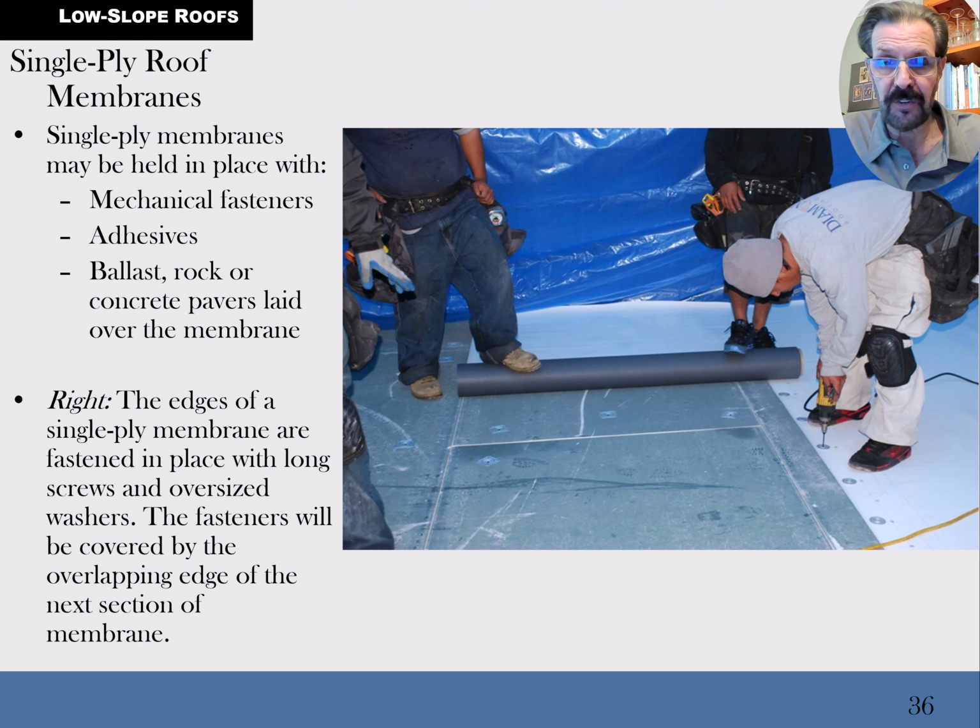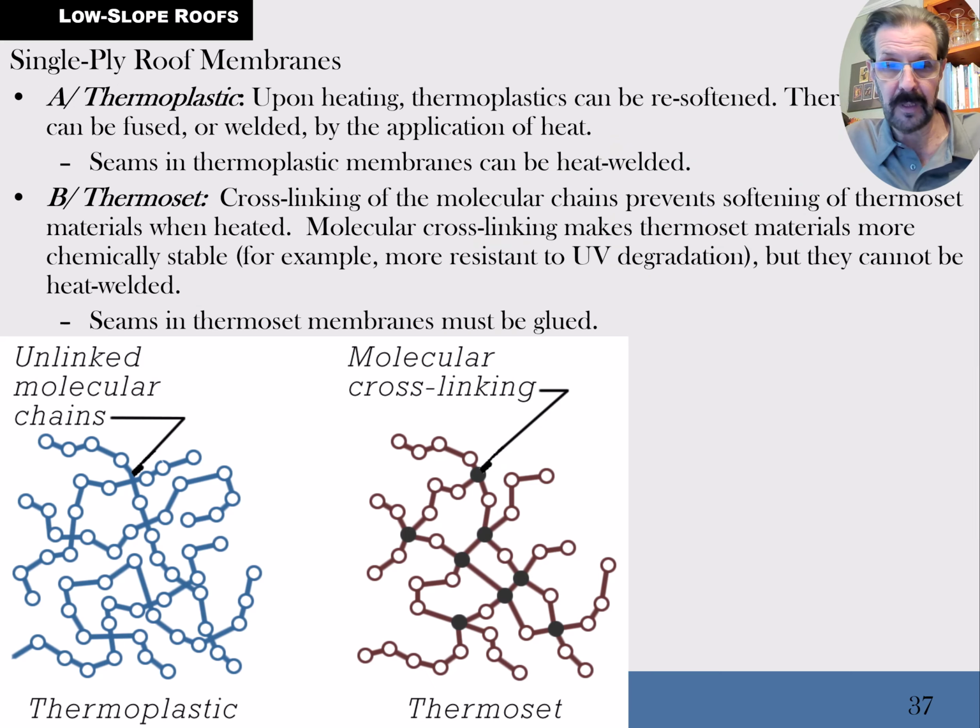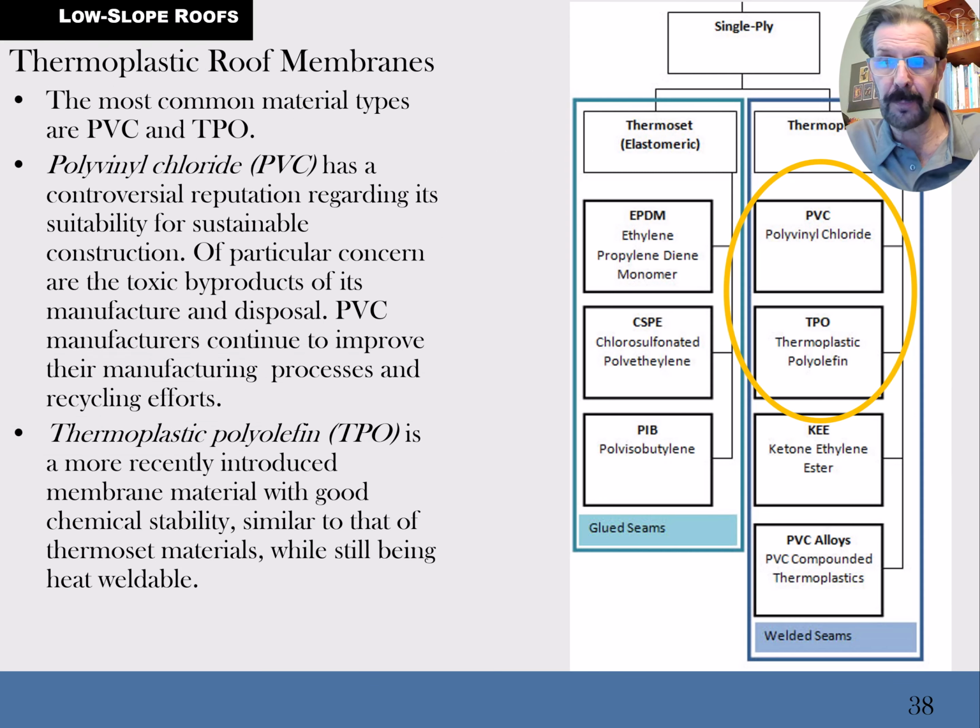The thing that changes, whether you're talking about thermoset or thermoplastic material, is what you do next: whether you're gluing it down or using a heat gun to fuse it down. So we'll skip over here and look first at the thermoplastic materials. Well, I've mentioned EPDM, so I guess it's not first of all, but of the thermoplastic materials, the two most common ones are PVC and TPO.